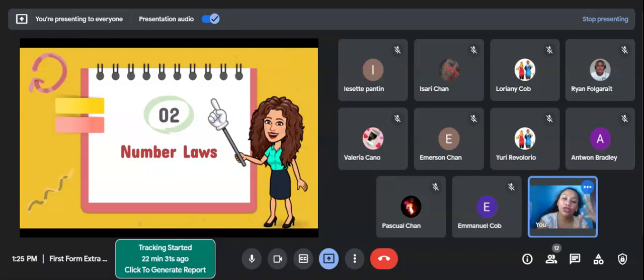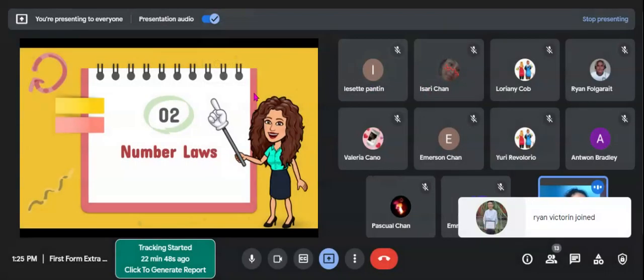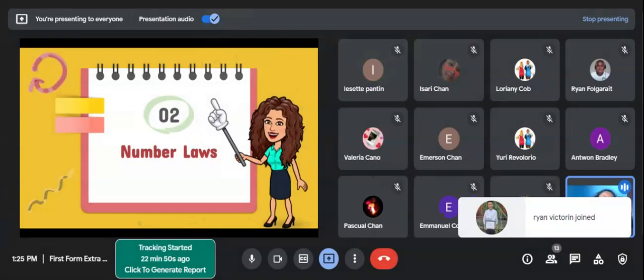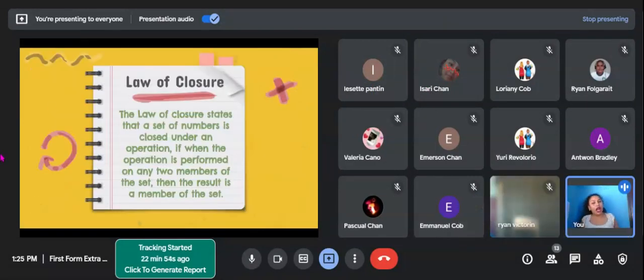Now we want to move on into the number laws. These are laws, like laws of a country. You can't break the laws, you have to follow the laws. So when you see a question that has this, I need to follow this law. We're going to talk about the 4 laws that are left.